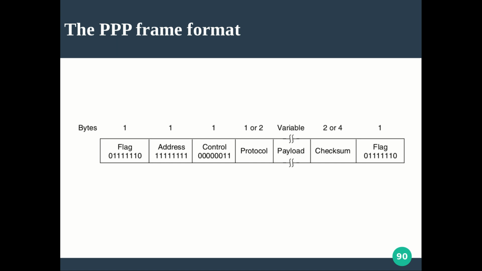And the checksum is of course used for error detection. It can be a CRC checksum or a one's complement method, and depending on your convenience you find a method for error detection and append the remainder in the checksum field. 2 or 4 bytes are provided by the point-to-point protocol, and it ends with the special flag.